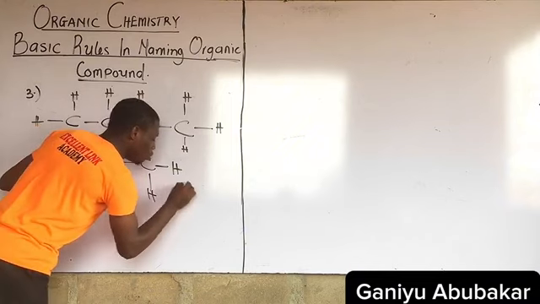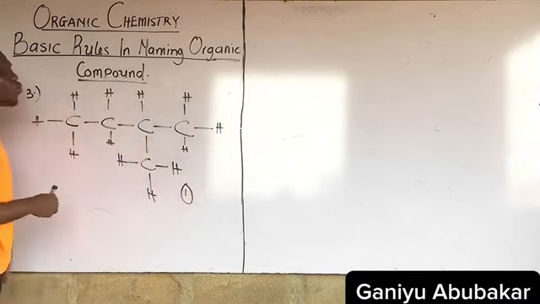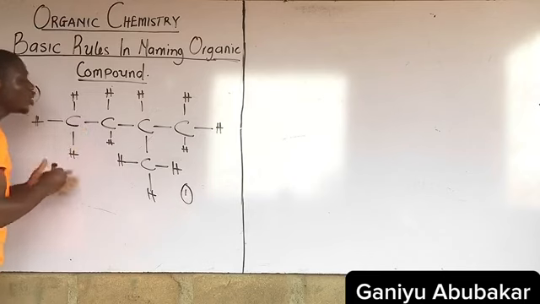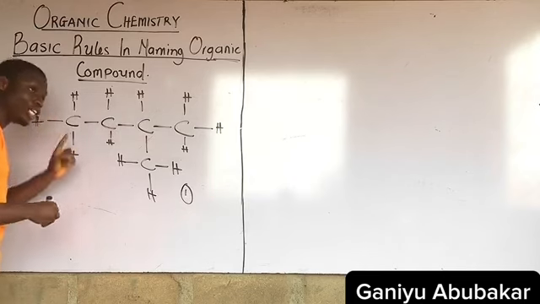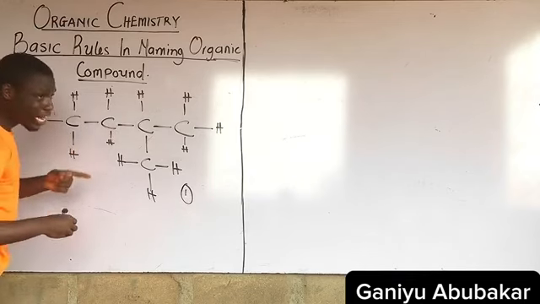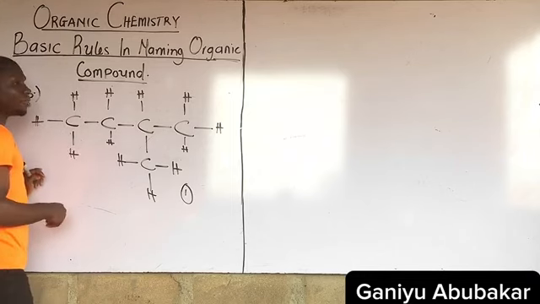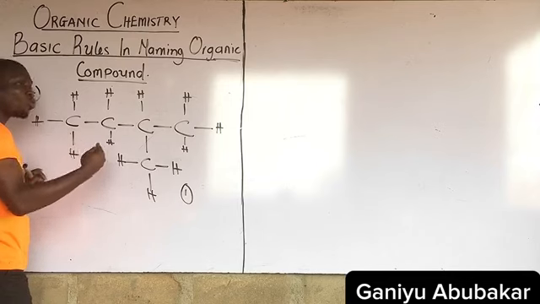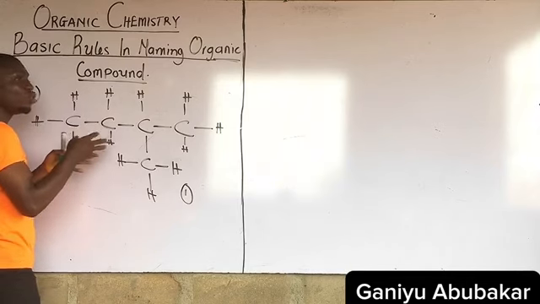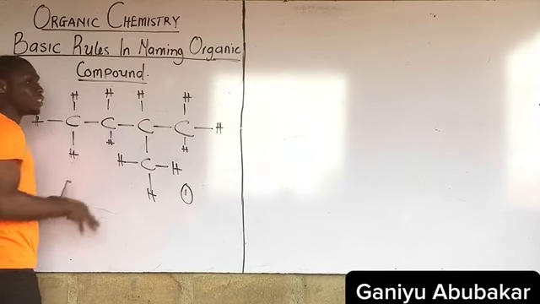Let's start with rule 1. What do we know from rule 1? Rule 1 says select the longest continuous carbon chain. Let's count the longest continuous carbon chain, and after getting it, we count the number of carbon atoms it contains.